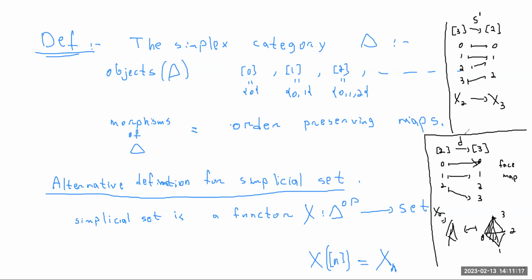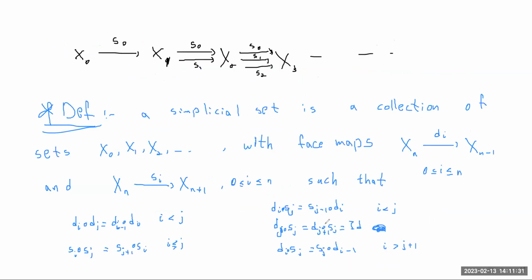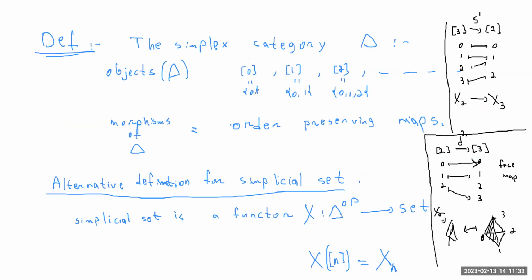So actually we have here also, again, some identities, like what I wrote here, identities in this category, which are called the co-simplicial identities, and all these simplicial identities come from here. Okay.